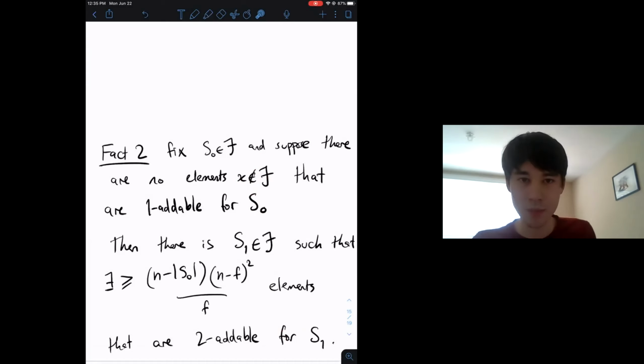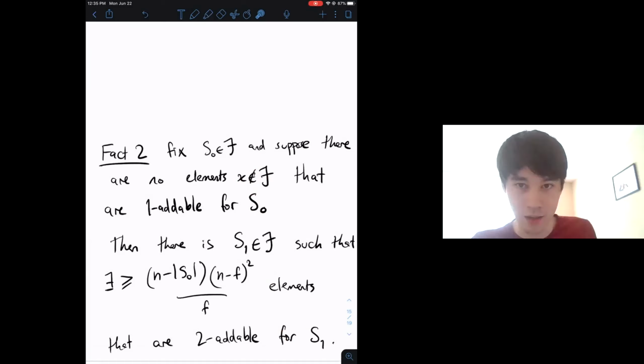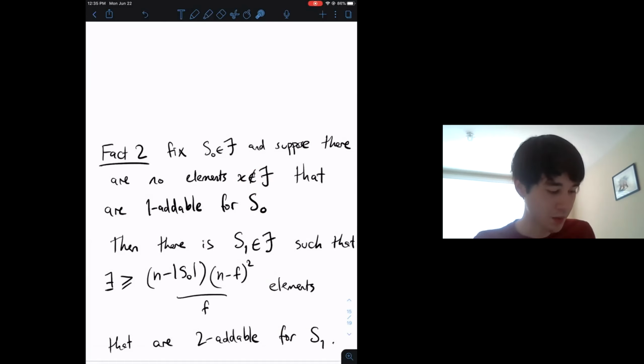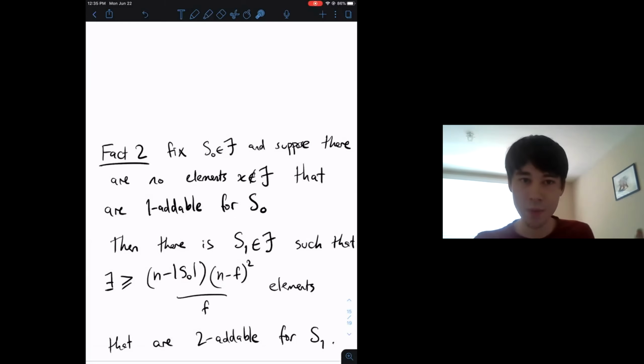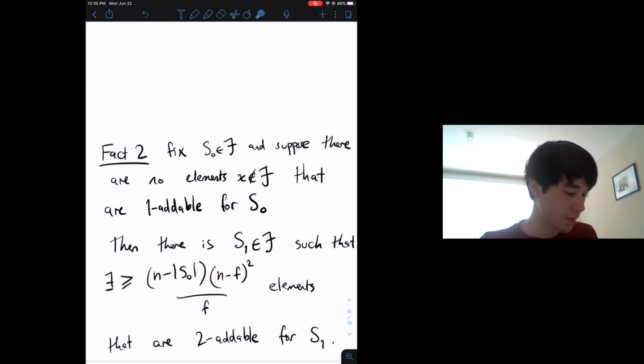Then there is some rainbow independent set S1 somewhere in the family, which has this many elements which are 2-addable for S1. So the expression we had before was (n minus s) squared, and this differs from that by a factor of (n minus f) over f. So that factor is going to be bigger than 1 if f is less than n over 2.